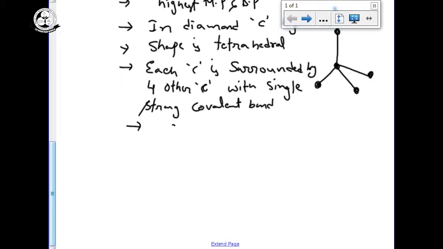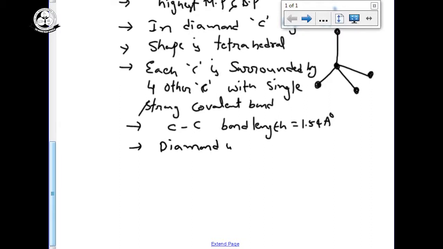The carbon bond length in diamond is 1.54 angstroms. Moreover, a very important point: diamond has no free electrons.